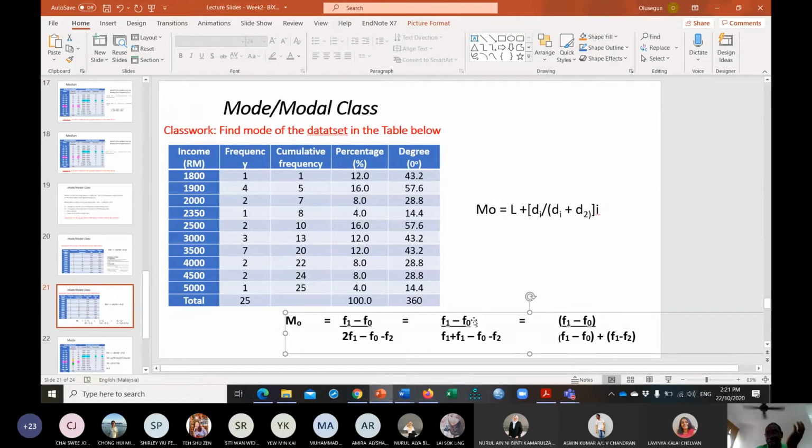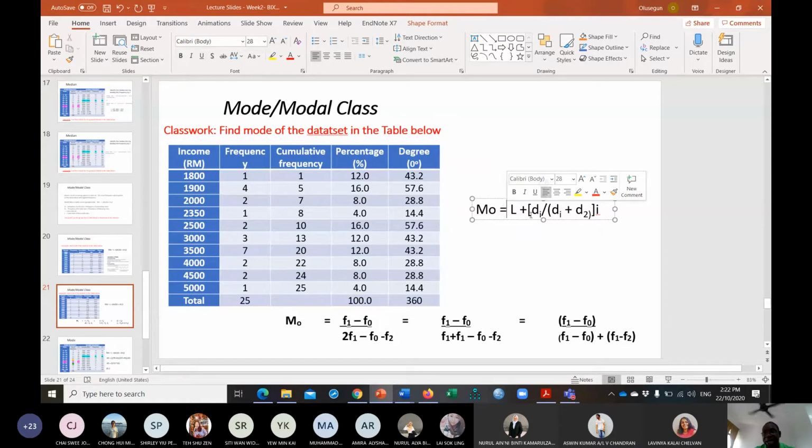And this is another formula you can come across in statistics. These are just being represented by figures, because these two formulas, either D1 plus D2 or 2F1 minus F0 minus F2, are the same. I just try to make a clarification by these expressions here. Let's look at it.